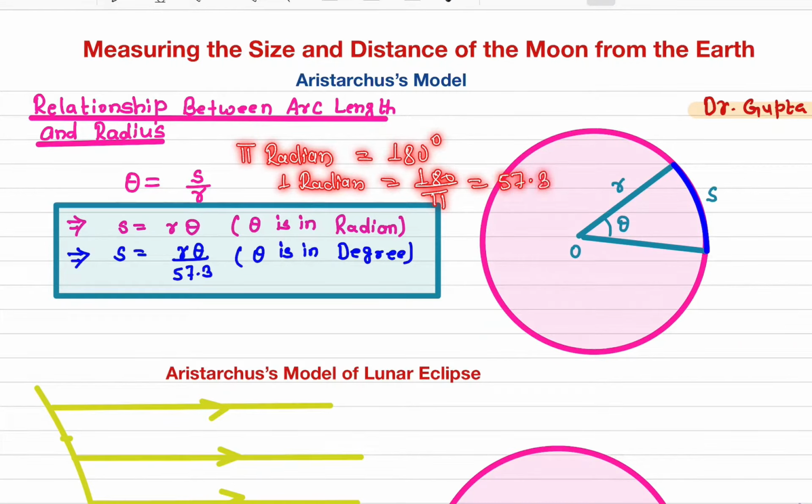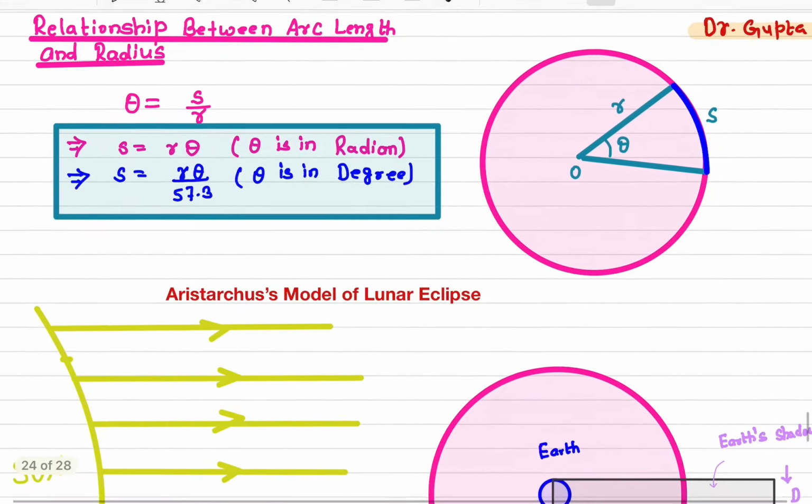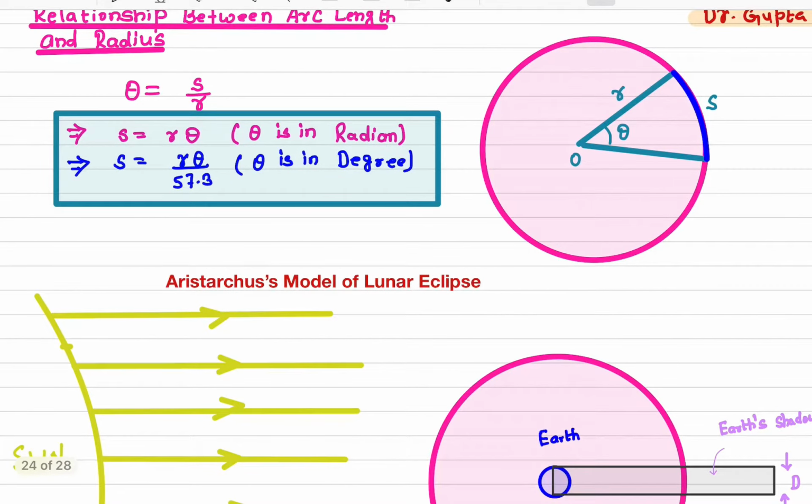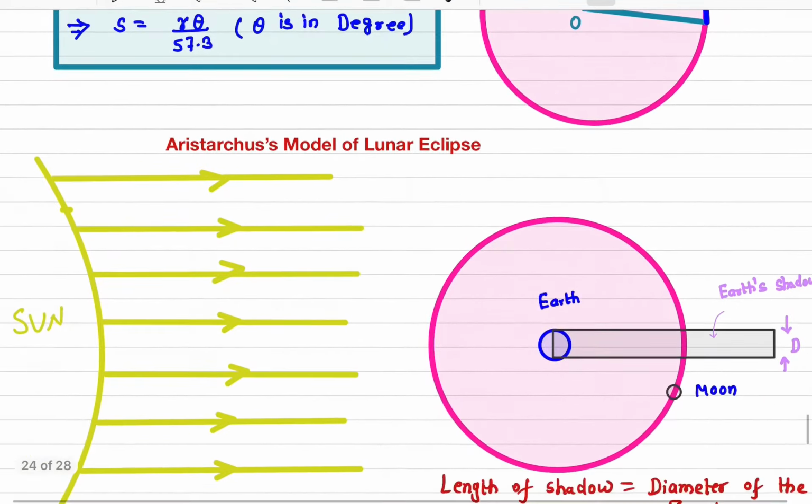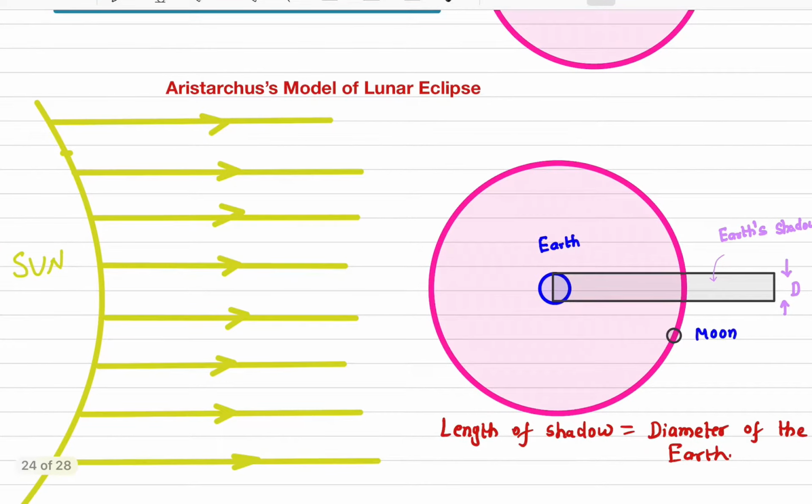Okay, so once we understand the relationship between arc length and the radius, now let's talk about Aristarchus' model. The first thing you have to understand is, in his model he did all his calculation, or his observation, during the lunar eclipse. What is the lunar eclipse?